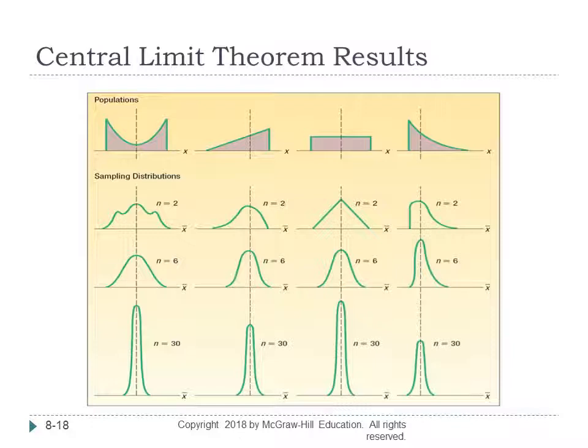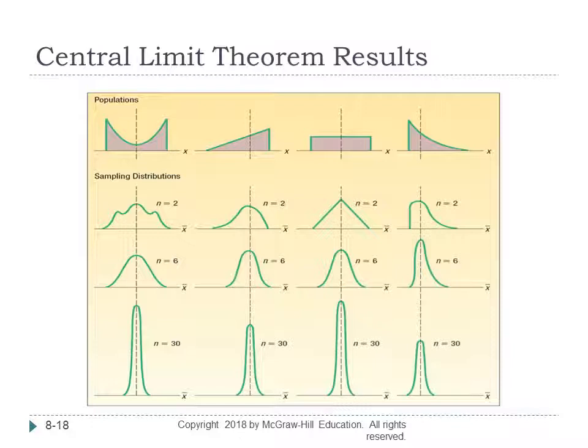With several sample sizes, look at n equals 6: the sampling distribution is very close to normal. And of course, the larger the sample is, the closer you are to a normal distribution for the sampling distribution.